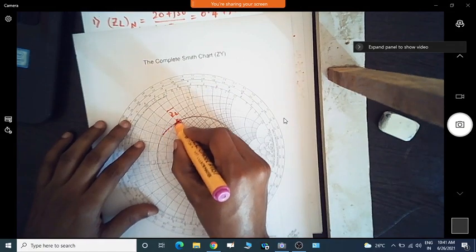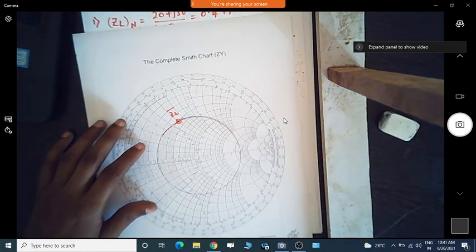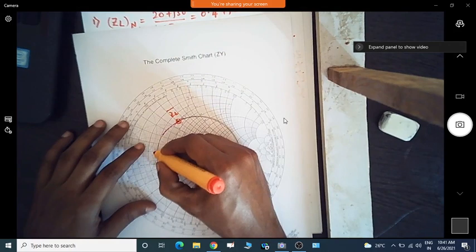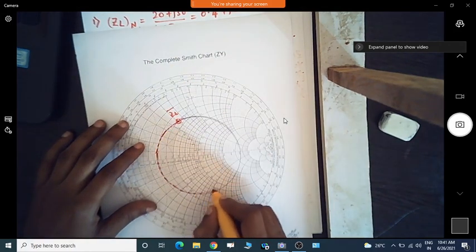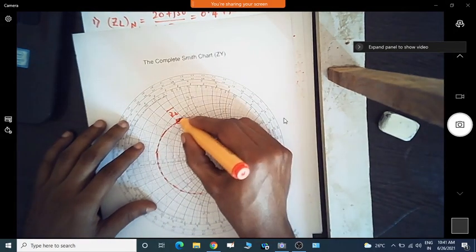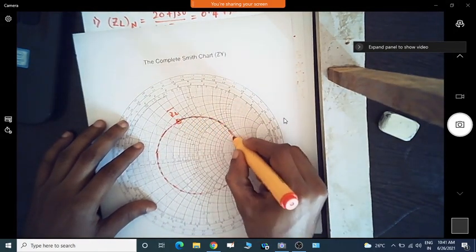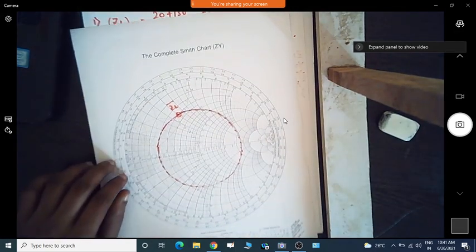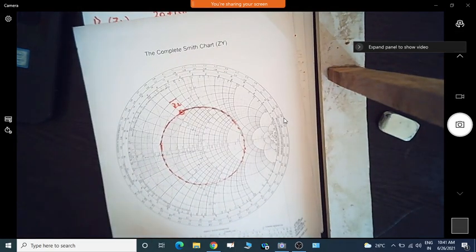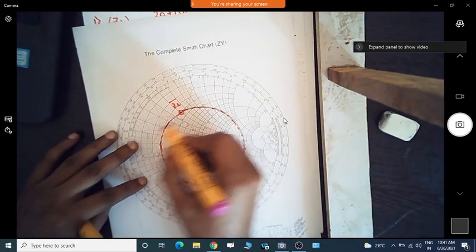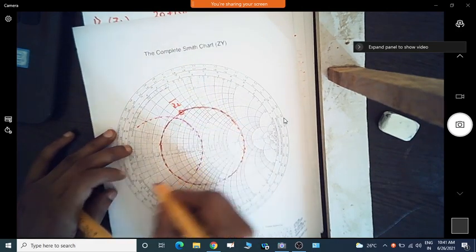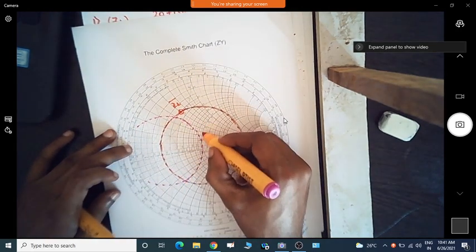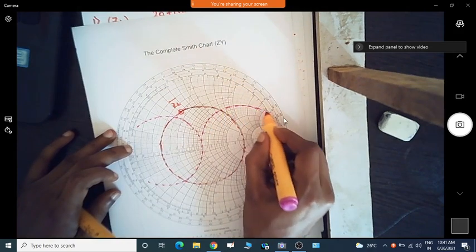You can see this is the VSWR circle. Our unity resistance circle and conductance circle are here. This is the unity conductance circle, and this is the unity resistance circle.